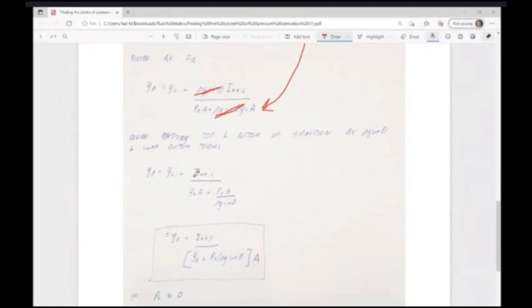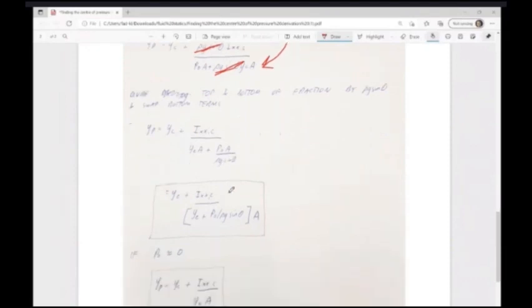So we've got yc plus Ixx around the centroid on the top of the fraction, and then this term is now here. That's yc times a, yc times a, and then here you've got P0a divided by rho g sine theta.